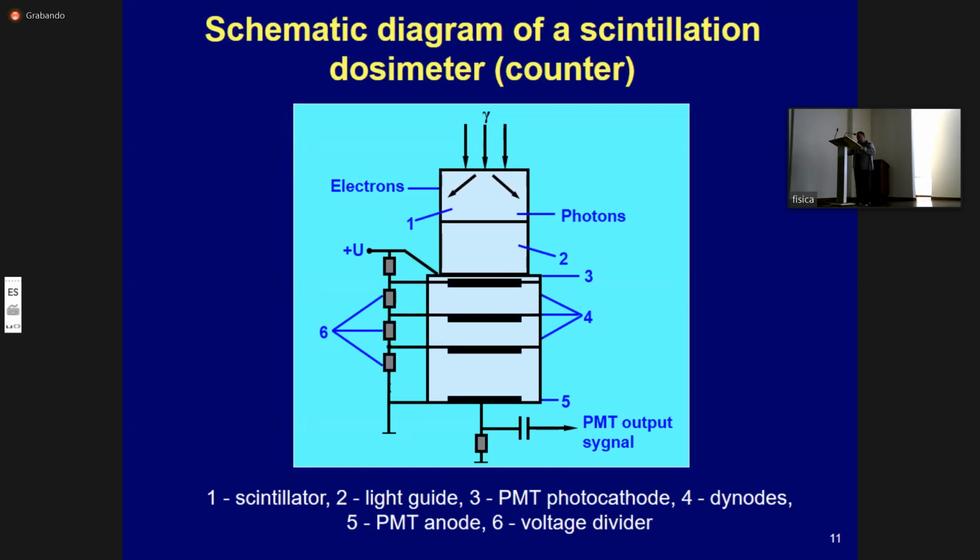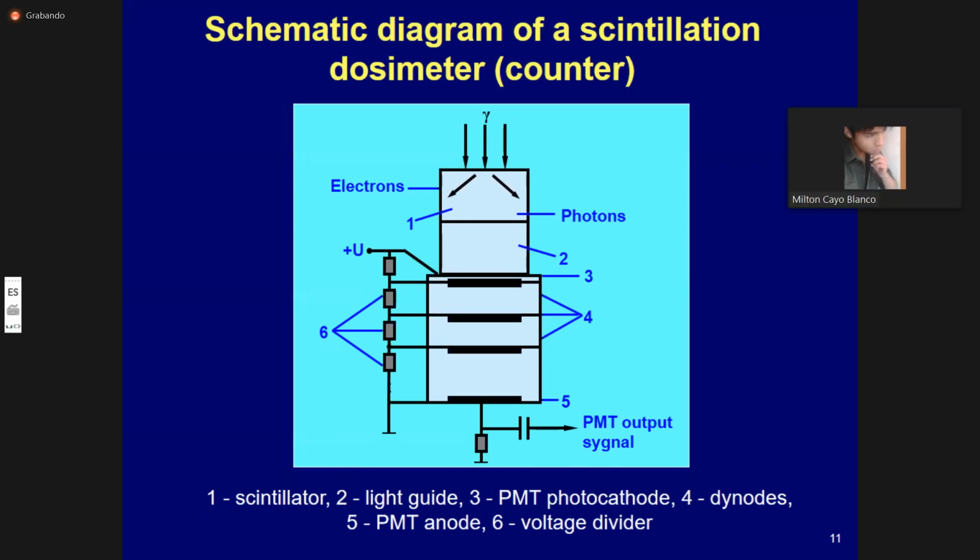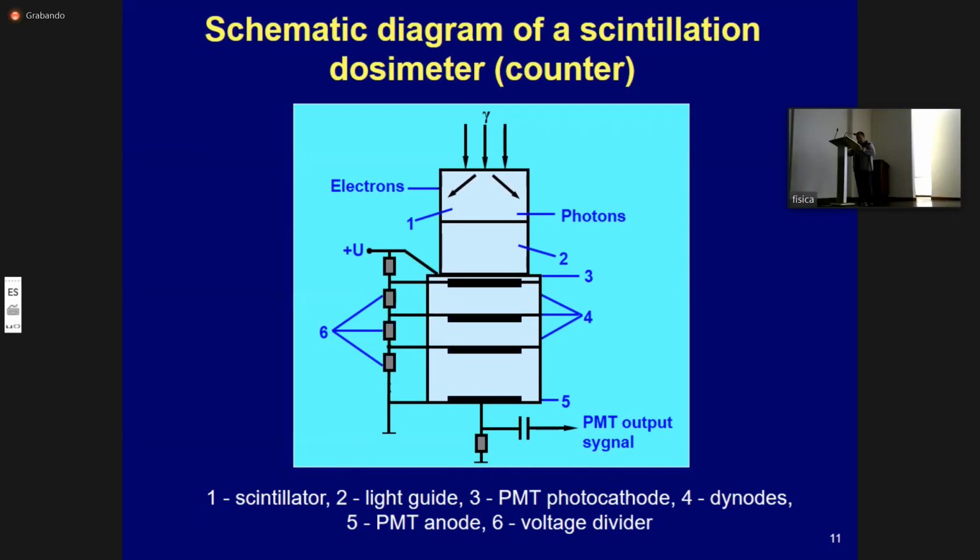Each electron absorbed in the scintillator corresponds to a current pulse in the anode circuit of the power source. Therefore, both the average value of the anode current I and the number of current pulses per unit time, N, can be measured. In accordance with this, the current and counter modes of the scintillation detectors are distinguished.